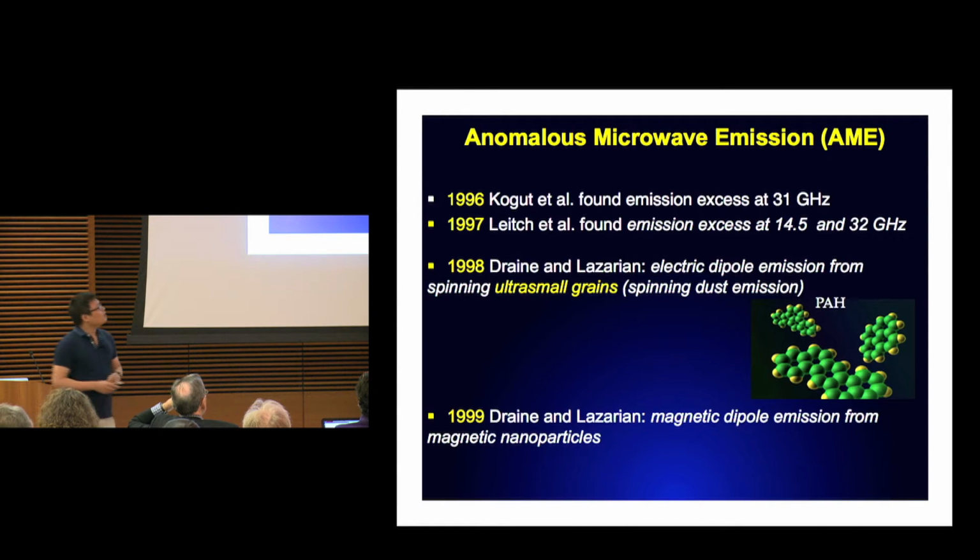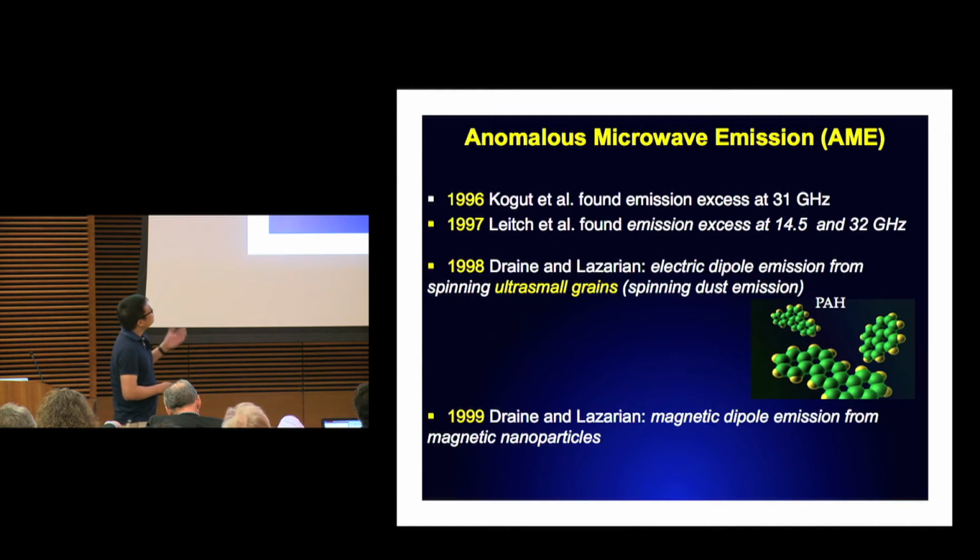Right after that, Draine and Lazarian came up with two models to explain the origin of anomalous microwave emission. The first model is electric dipole emission from rapidly spinning ultra-small dust grains, so this mechanism is emission by rotating nanoparticles.